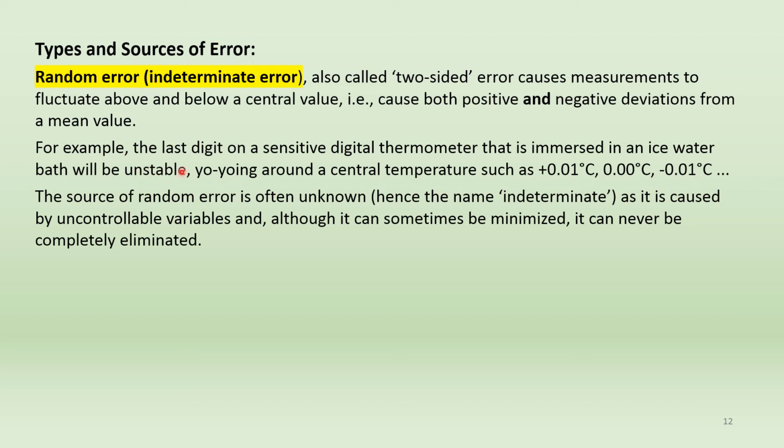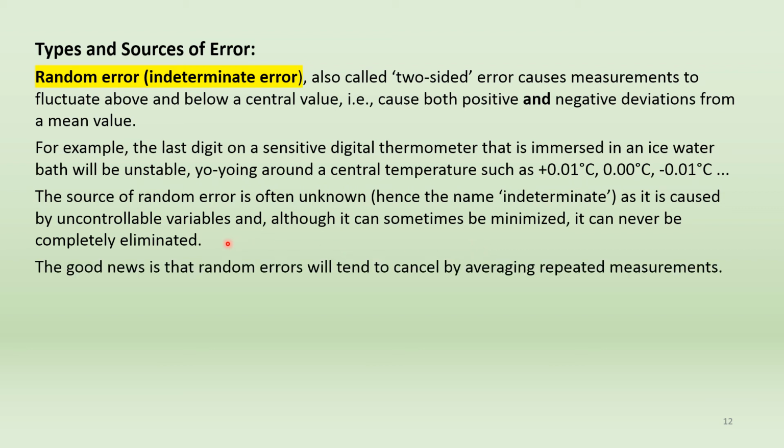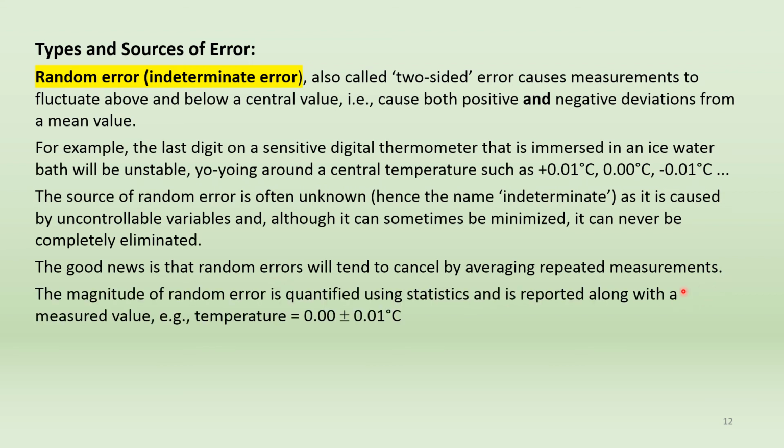Now, the source of random error is often unknown, hence the name indeterminate, and it is caused by uncontrollable variables. Although it can sometimes be minimized, it can never be completely eliminated. Now, the good news is that random errors will tend to cancel by averaging repeated measurements. The magnitude of random error is quantified using statistics and is reported along with a measured value.